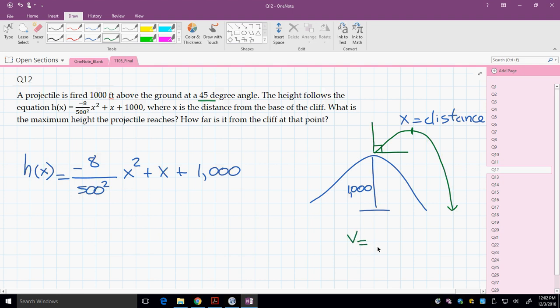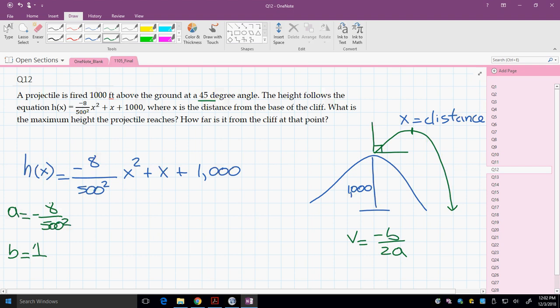The vertex formula is negative b over 2a. So if we're looking at our function, a is going to be equal to negative 1 over 500, and b is equal to 1.